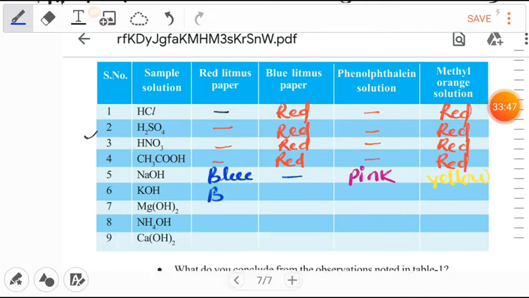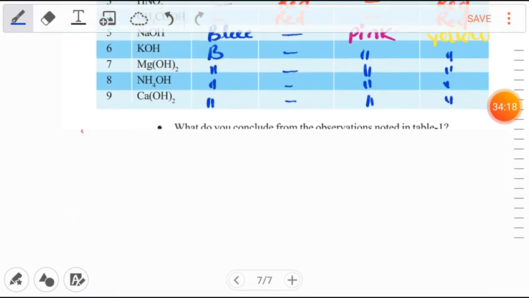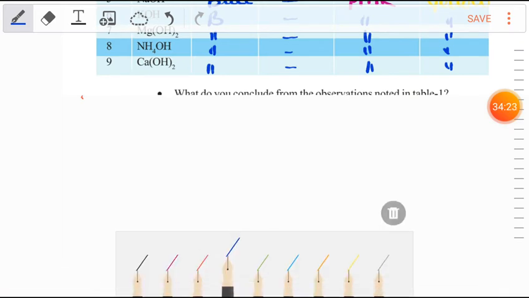KOH: blue, no color, pink, yellow. Blue, no color, pink, yellow. So this is the color table. This is the first activity you're going to remember. To remember all the color changes accurately, that activity you're going to do.